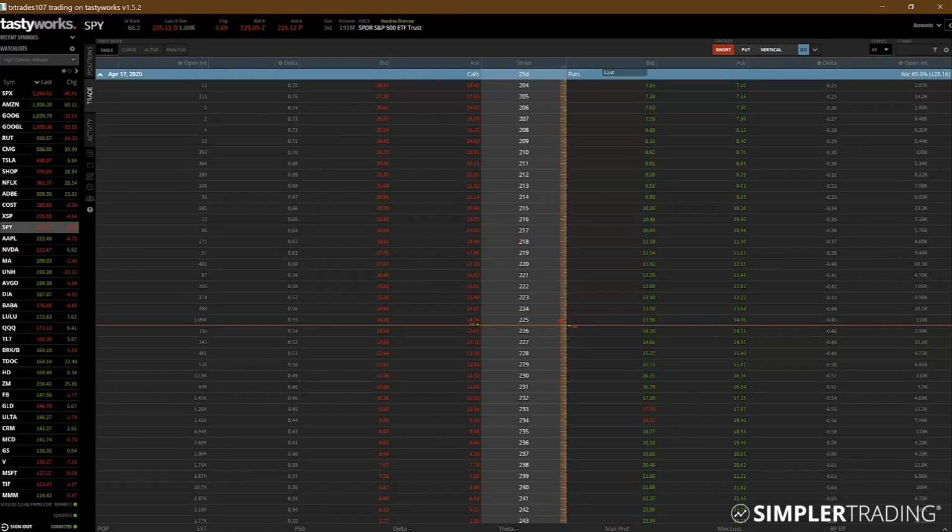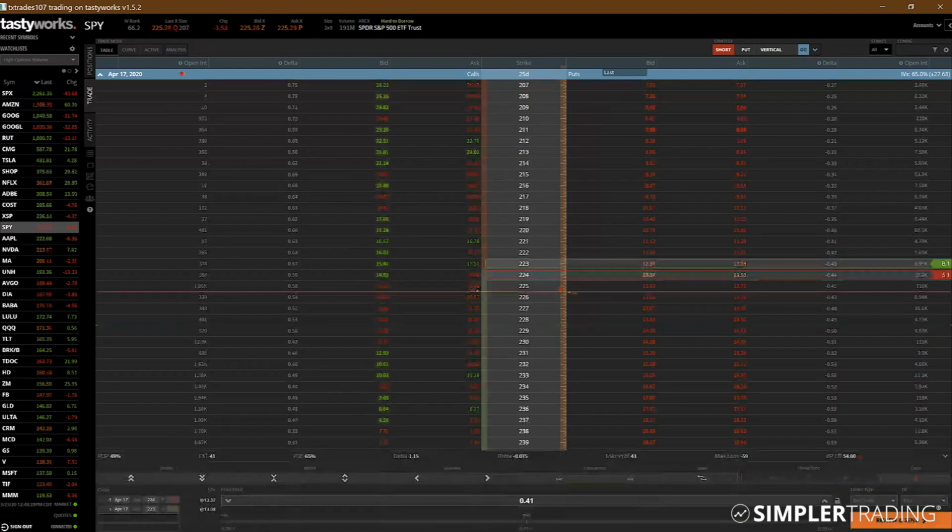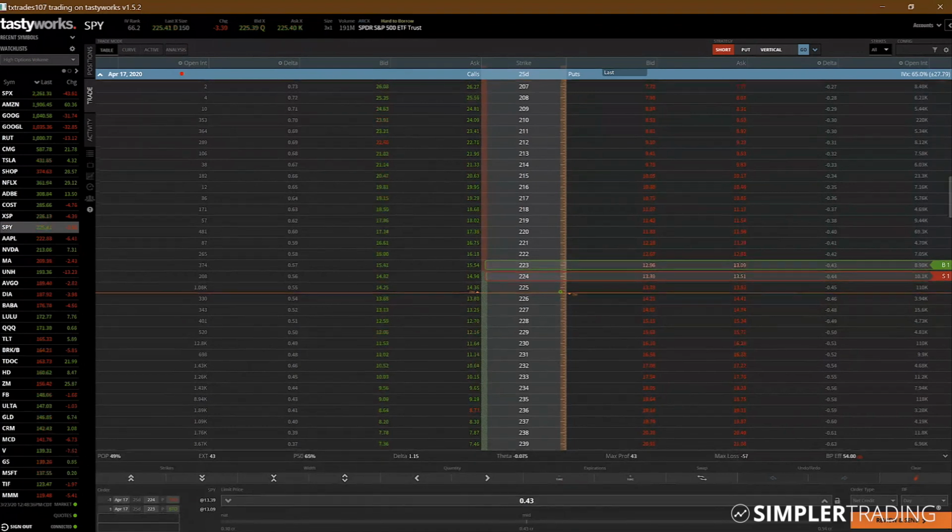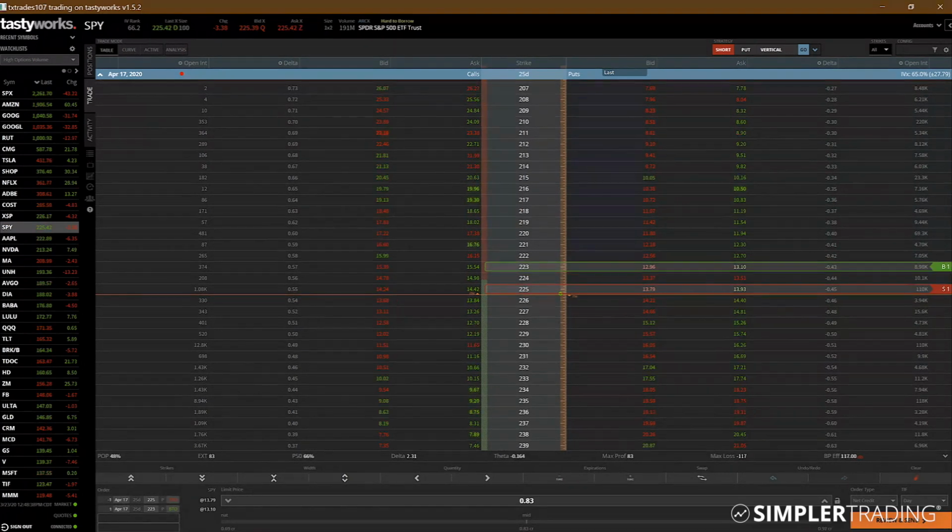So the first strategy that works well in this type of environment, which is primarily a premium selling market, is something like a short put vertical. In this instance, the spot price right now on SPY is 225, which is the at the money call or the at the money put.